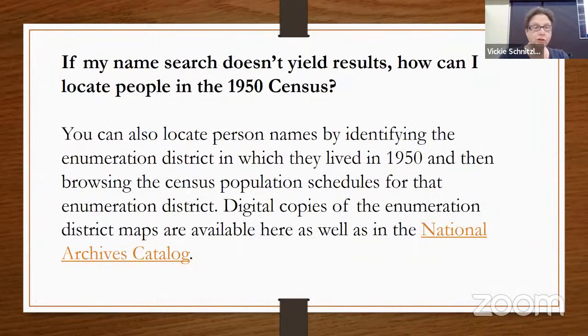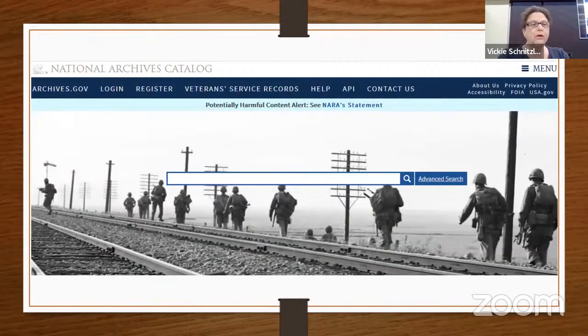Okay, and the question is, if my name search doesn't yield any results, how do I locate people? And what they're saying here, one of the ways is to go into the National Archives catalog and try pulling up your enumeration maps. So we're going to go into the next slide. When we go to the National Archives catalog, this is the screen that we see.